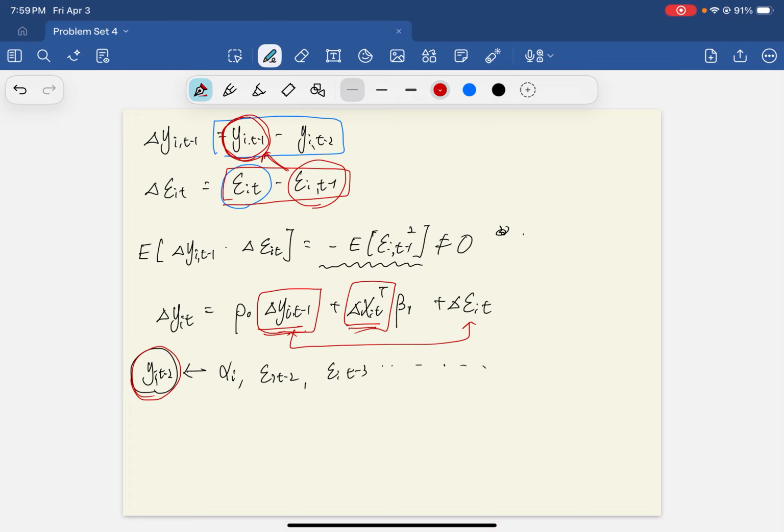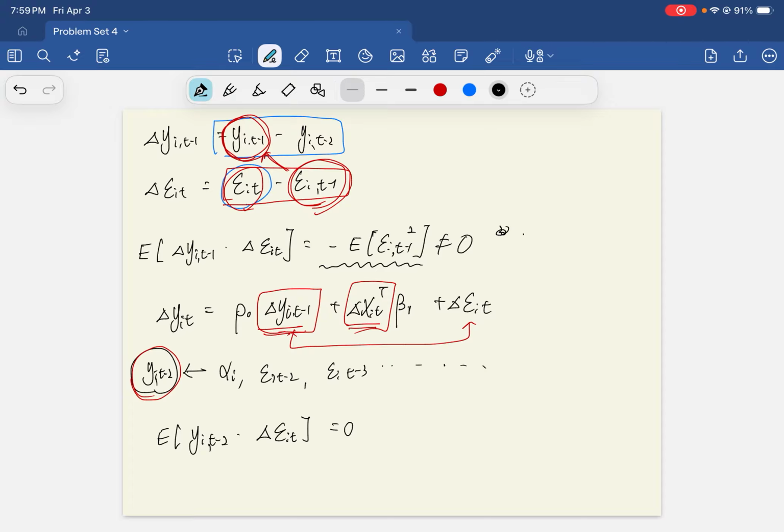So it is uncorrelated with epsilon_it and epsilon_i,t-1. That means the expectation of the product between y_i,t-2 and delta epsilon_it is 0. Okay, so that's a simple observation, right?